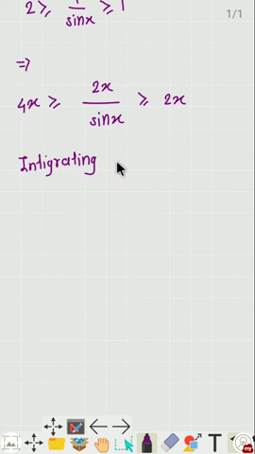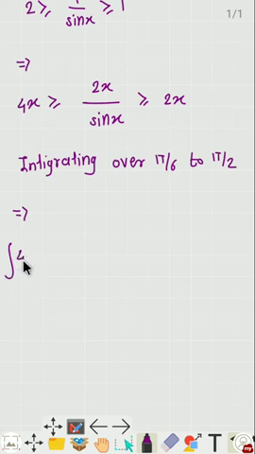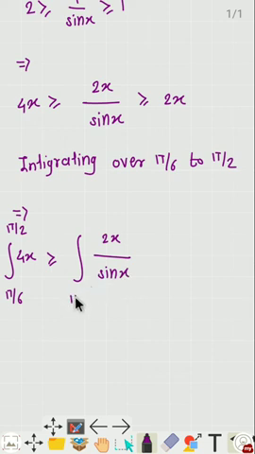This implies that the integration of 4x over pi by 6 to pi by 2 is greater than or equal to the integration of 2x divided by sin x over pi by 6 to pi by 2, which is greater than or equal to the integration over pi by 6 to pi by 2 of the function 2x.